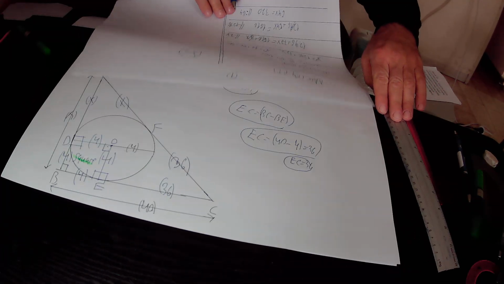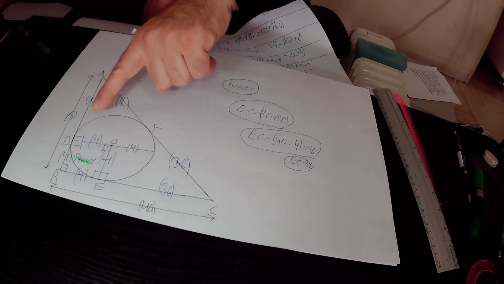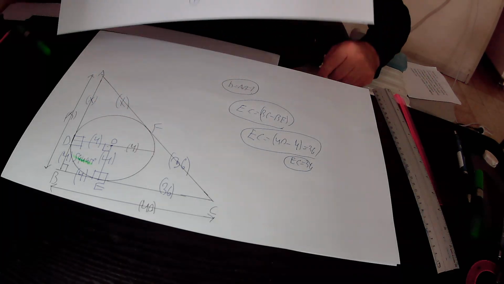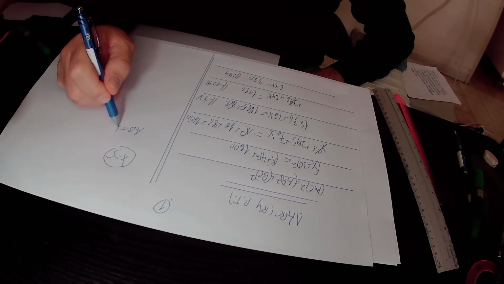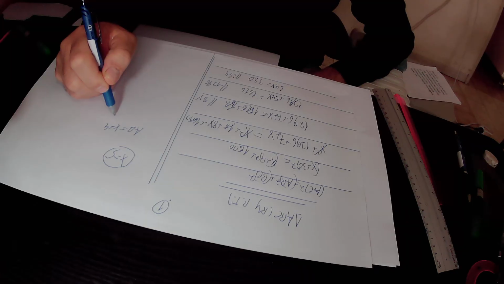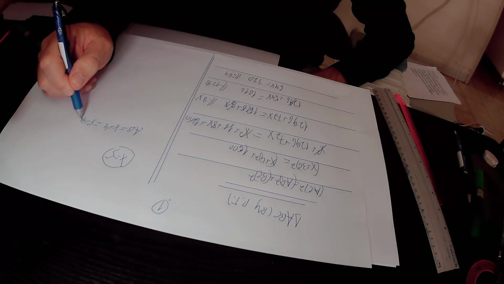Our task is to find the length of this side AB of this triangle ABC. AB in total equals x plus 4. X is 5, so AB equals 5 plus 4, and 5 plus 4 is 9.